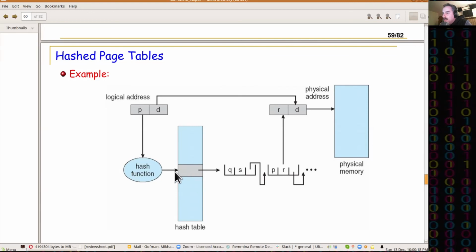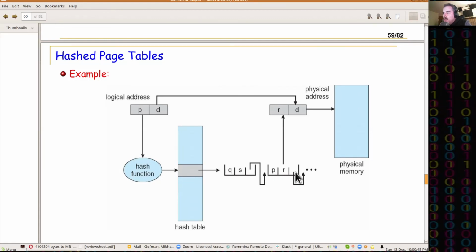Then we're going to search the linked list located in that index to find an entry where the virtual page number matches the page number requested by the process. And once again, it is possible for multiple pages to have entries in the same index, because different page numbers may hash to the same location.